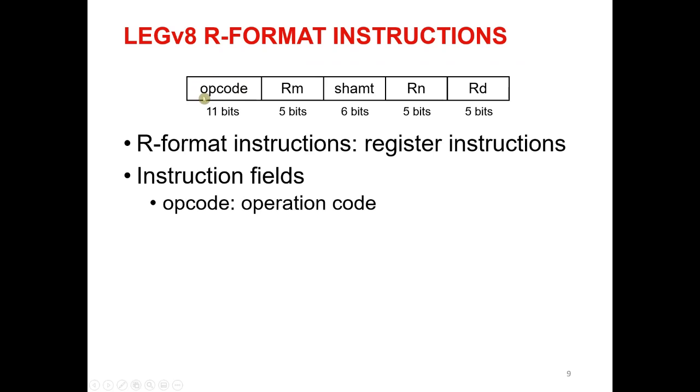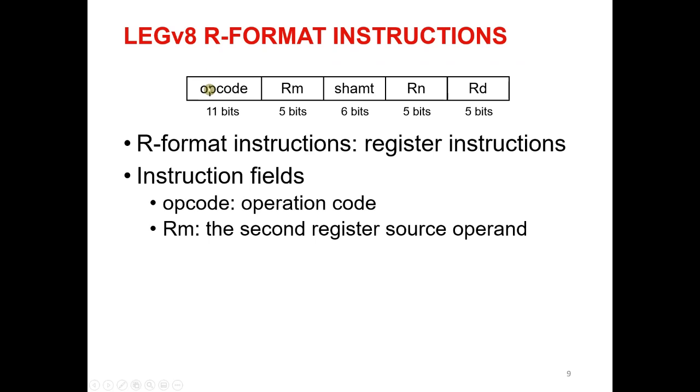So this will be represented here by 11 bits. Why 11 bits? Because the designers of LEG-V8 decided on having 11 bits. Why do we place the operation code in the beginning and not in the end? Because the designers decided to have it that way.